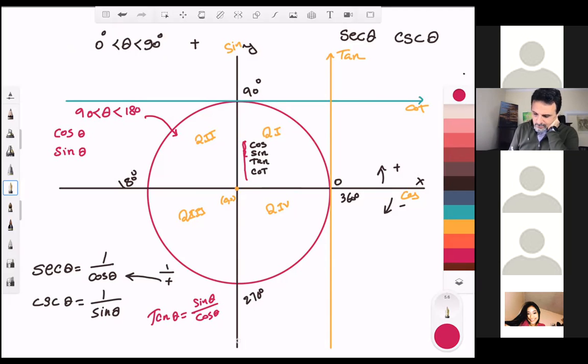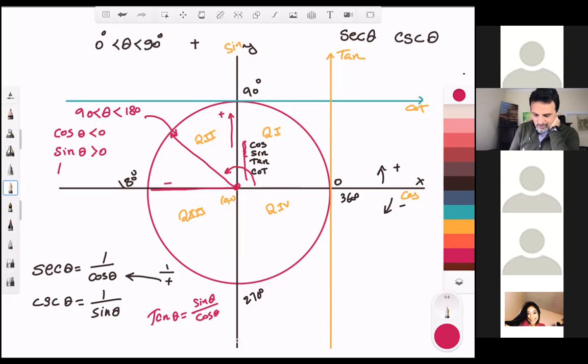Cosine, and this angle, theta is more than 90 and less than 180, for example. On this quadrant, the value of x is negative, but y is positive. Good, because 0, 0 is here. So cosine is negative and sine is positive.